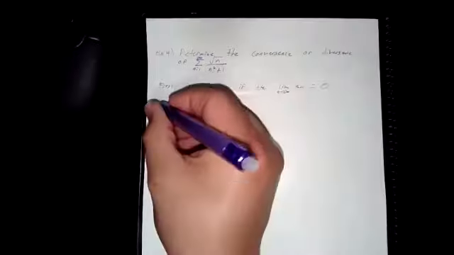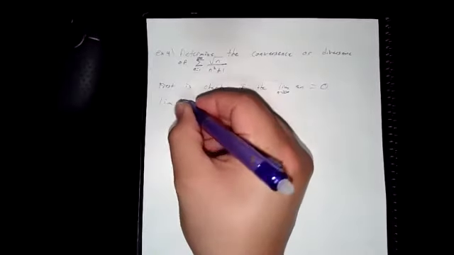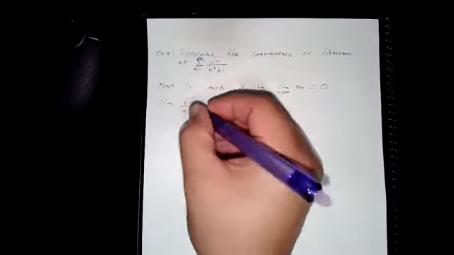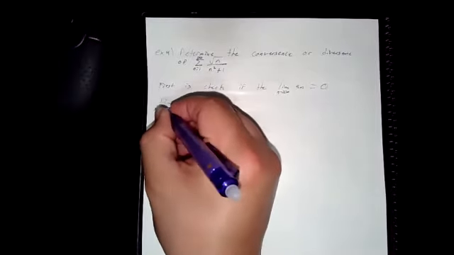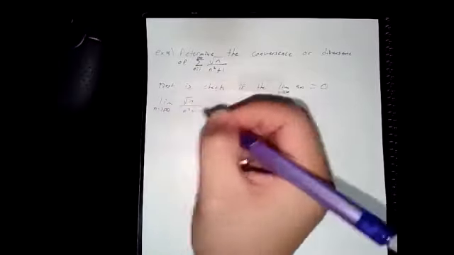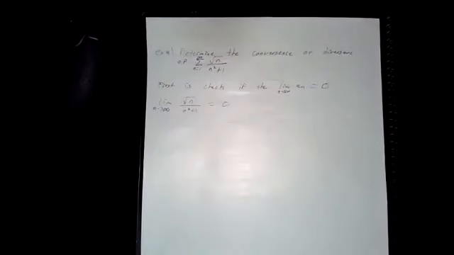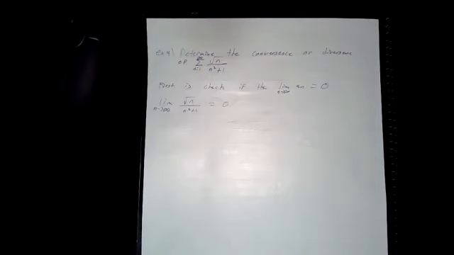So the limit of the square root n over n squared plus 1 as n goes to infinity, that would equal 0.